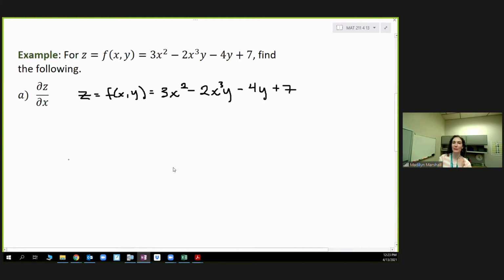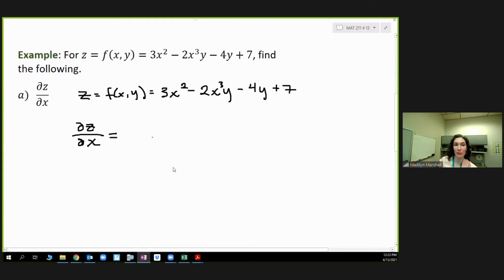Okay, so part A, we are looking for dz dx with this weird d. So everything we know about derivatives still applies here. This is a polynomial, just a bunch of terms added together with their exponents.